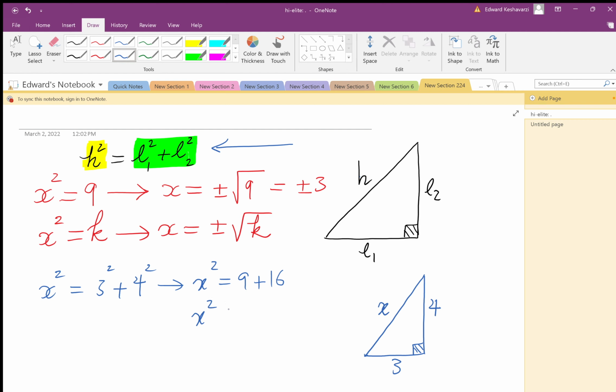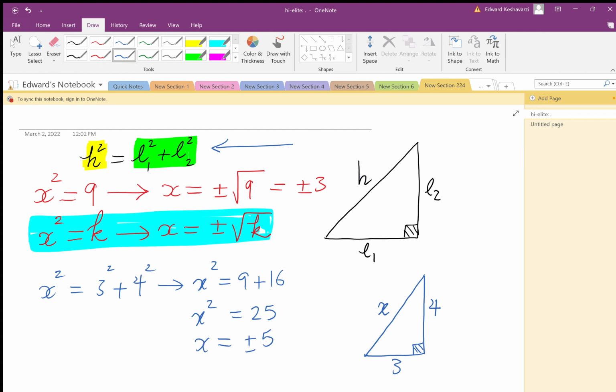X squared equals 25. And according to the instruction that I've given you here, the blue one, x is going to be positive and negative 5.